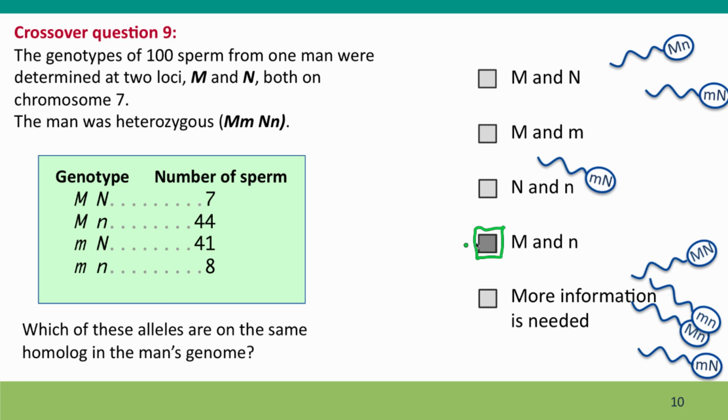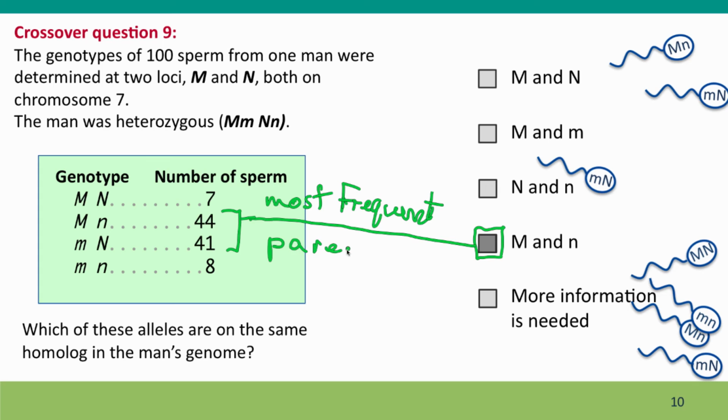And you know that because they and the little m big N combination are the most frequent. And the fact that they're the most frequent tells you that they're the parental combinations.